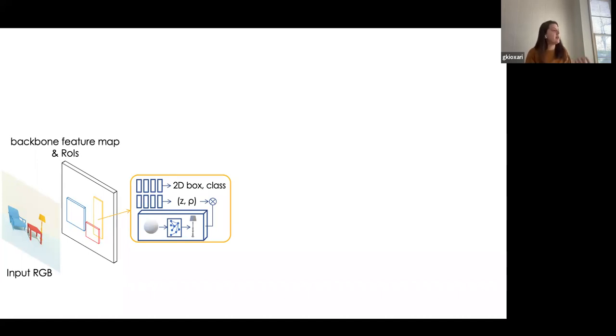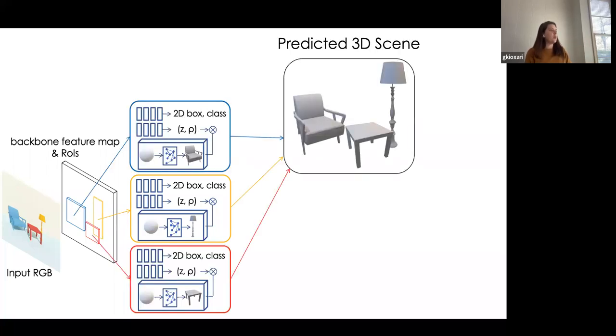And also I'm going to lift it to 3D by predicting its depth, Z, and its depth extent, and also its shape by deforming a sphere mesh. I'm going to do this for all of the objects that I detect, and the output is going to be my predicted 3D scene: the objects predicted in 3D space to construct the 3D scene that I'm viewing in my input image.